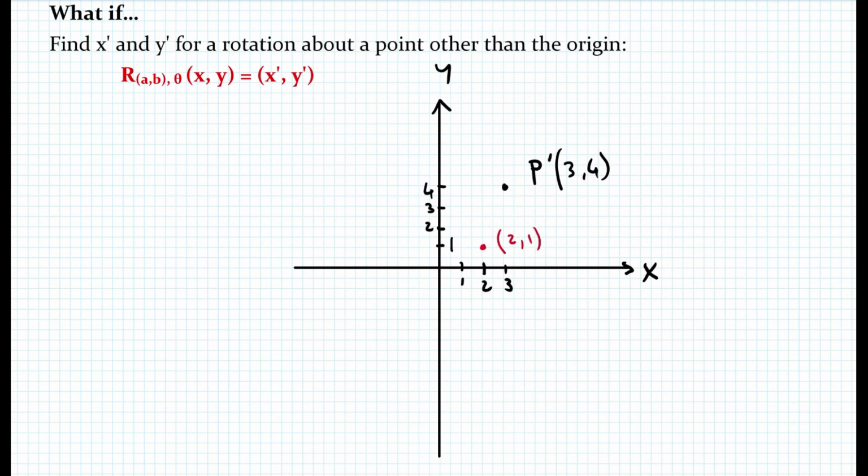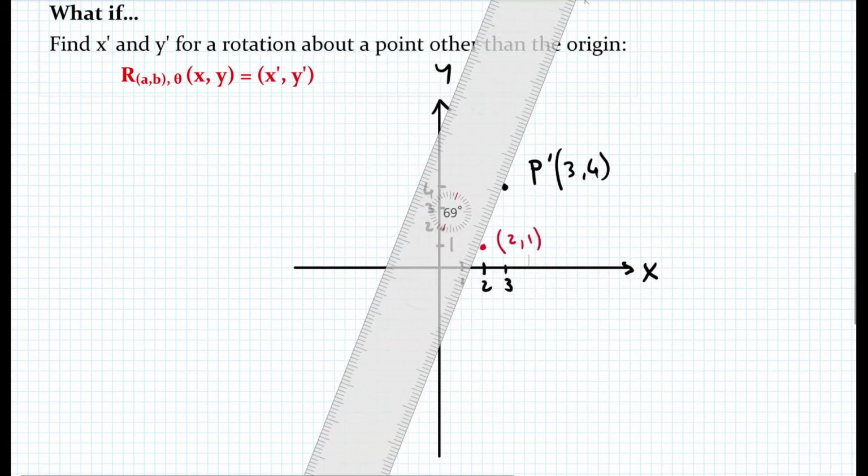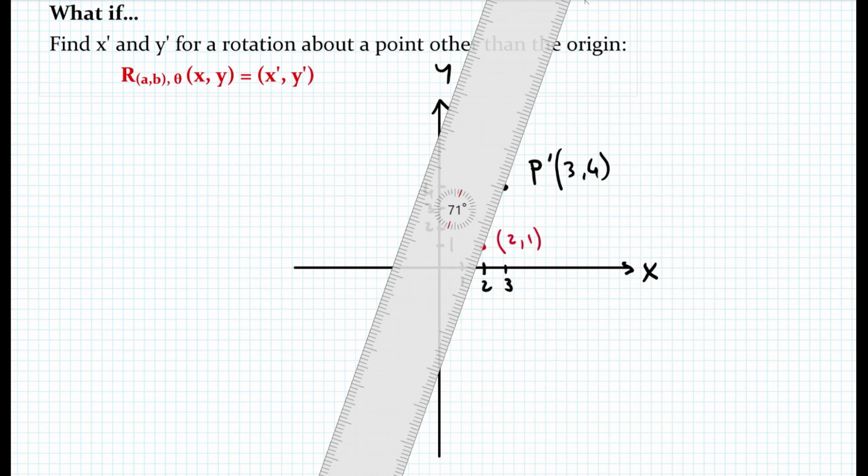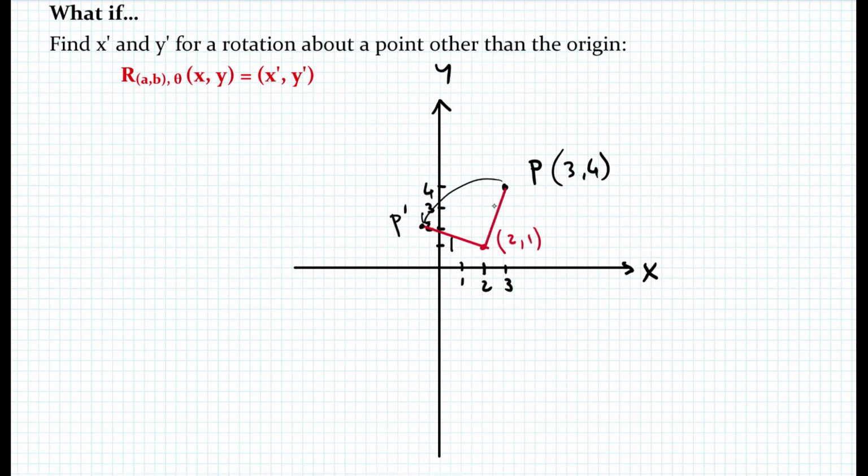Let's say we're rotating it by 90 degrees. So you do the same thing. You would measure this distance, and then you would rotate it by 90 degrees as shown here. From point P, we end up at point P prime if we rotate counterclockwise by 90 degrees.